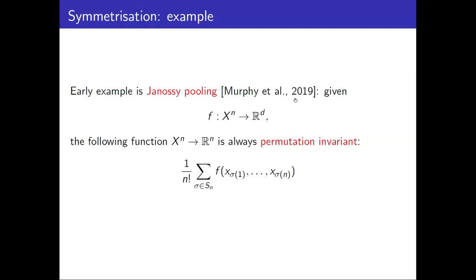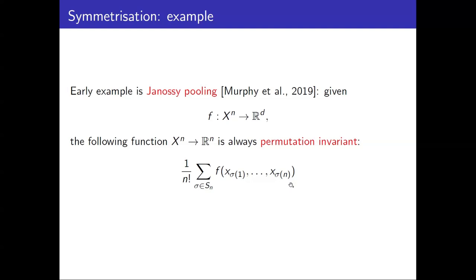And so how can you do this? Well, here's an early example of a symmetrisation procedure. This is called Janossy pooling. Imagine you've got a function that takes a sequence of n inputs and gives you some real valued output. It turns out, you can convince yourselves of this fairly easily, that this function here, considered as a function of x, is always permutation invariant.